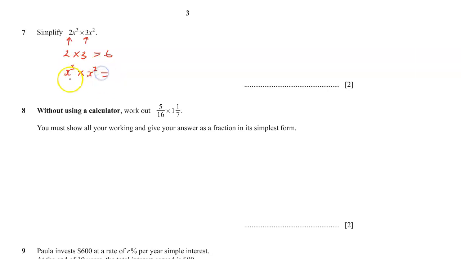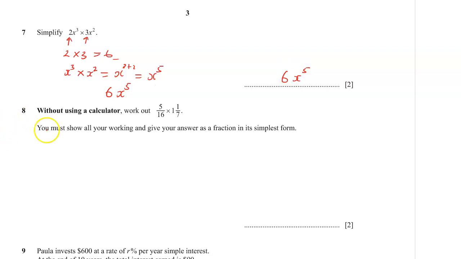You just add the indices if the term is the same. X is the same, so we add the indices: 3 plus 2 gives us x raised to power 5. So you join this and this, and you get 6x raised to power 5. 6x raised to power 5 is the answer.